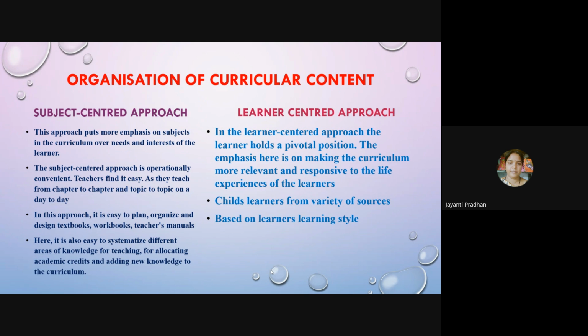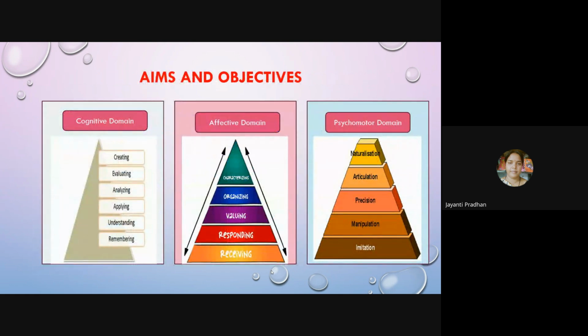When we are developing any curriculum or program, it must be learner-centered. Now the contents are organized, and in each content, some topics and subtopics are there. For each topic and subtopic, the aims and objectives are defined. In NCF 2005, aims and objectives for each subject area have been defined.